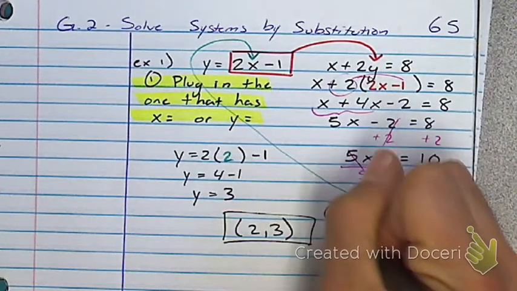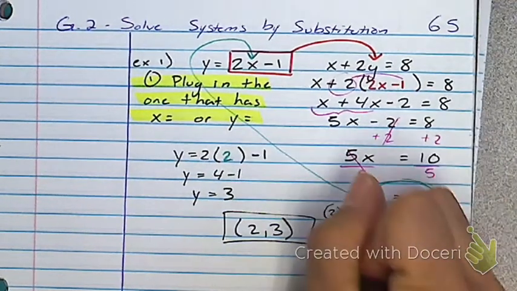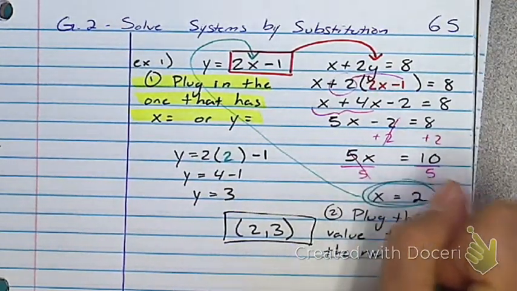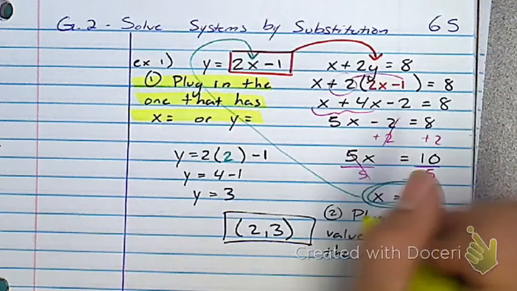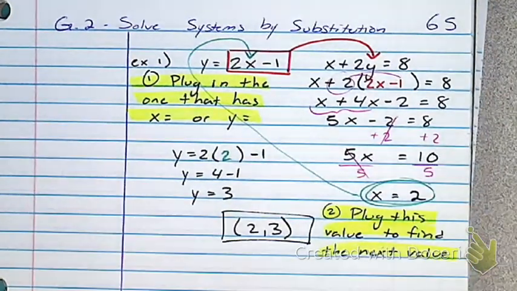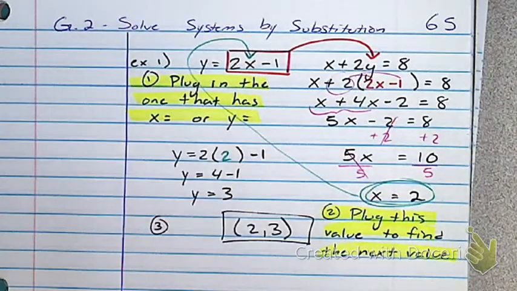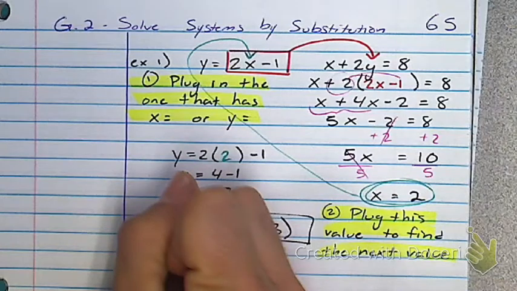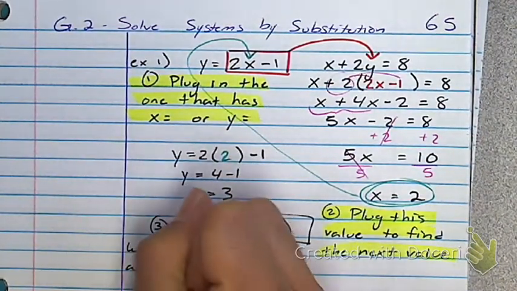Plug this value in to find the next value. Meaning if you found an x, plug it in to find y. If you got y, plug it in to find x. And lastly, write answer as ordered pair.